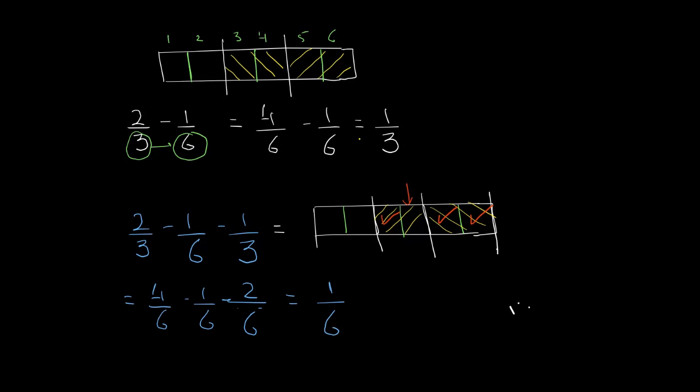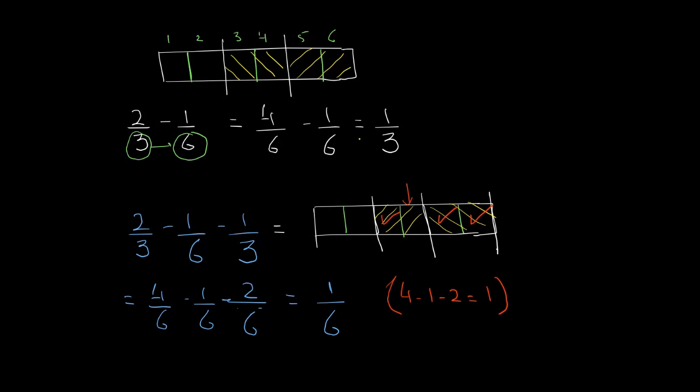And that's the calculation I've really done: 4 minus 1 minus 2 is equal to 1. And this is the 1 because I'm now dealing with 6. So I had 4/6 minus 1/6 minus 2/6, which is 1/6, for the same reason as 4 oranges minus 1 orange minus 2 oranges is 1 orange.